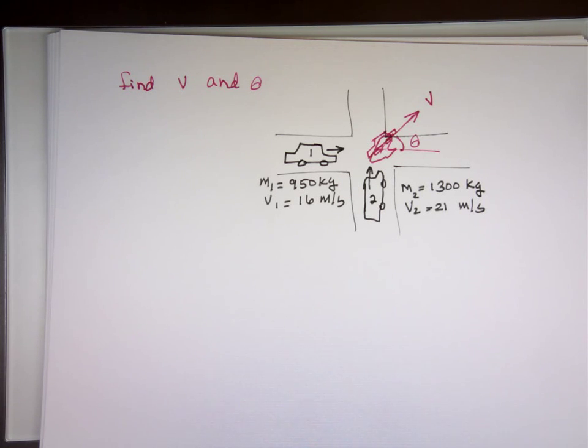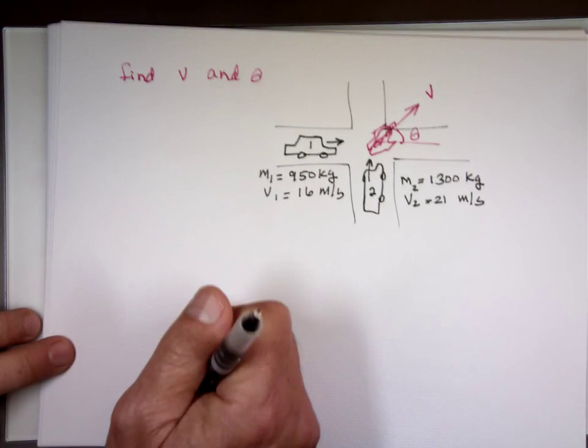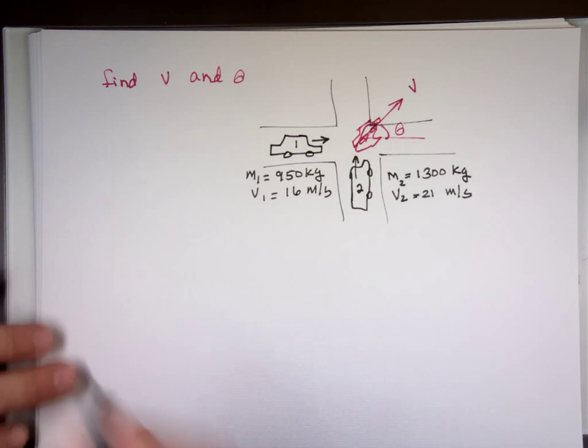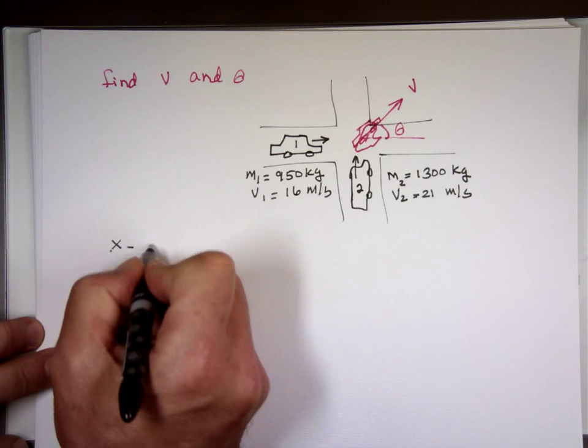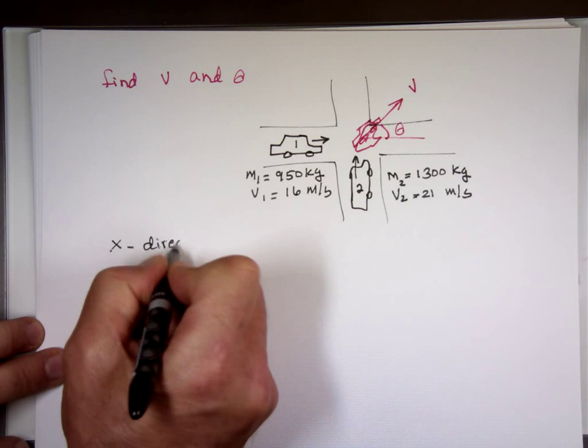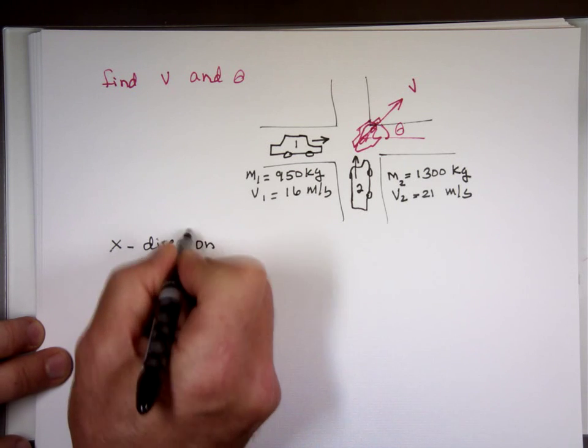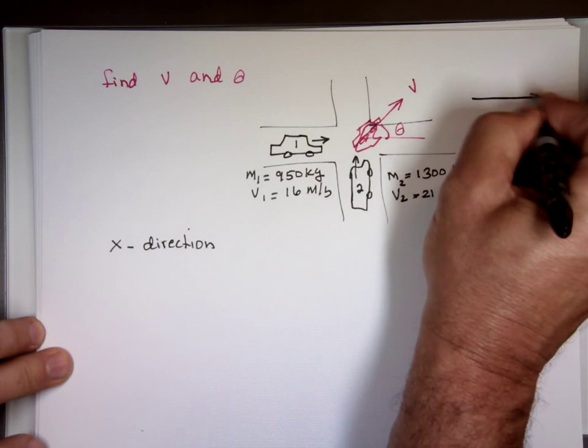What we need to do is look at the x direction and the y direction. X direction, that's to the right. That's the x direction, and this is the y direction.